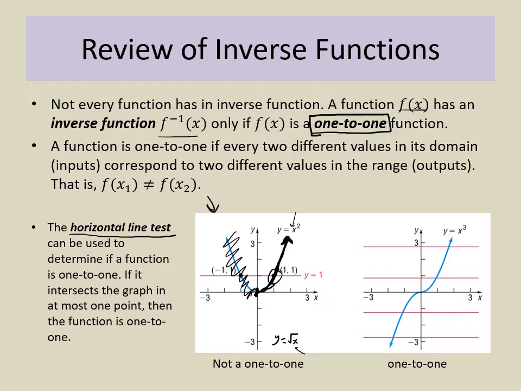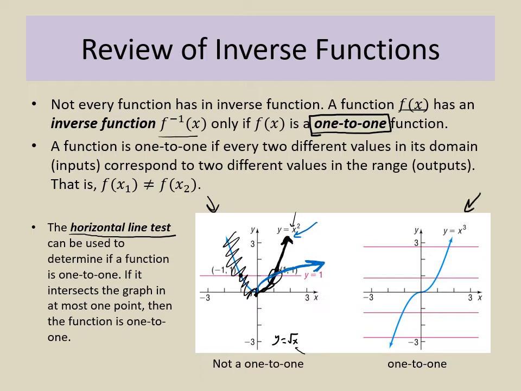Recall that y equals absolute value of x is a function that looks like this, so that would actually be an inverse function for just this part of x squared. This is a neat trick. We're going to explore that a little bit more, but for now, we're just talking about the horizontal line test. How do I know if a function is one-to-one?